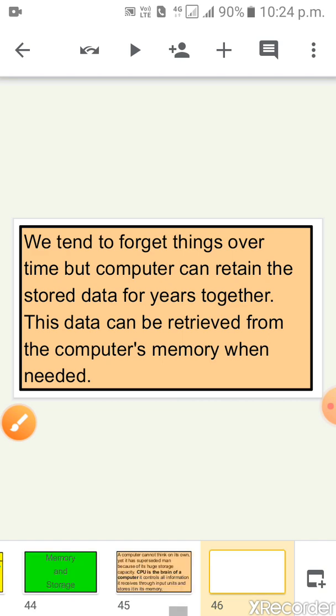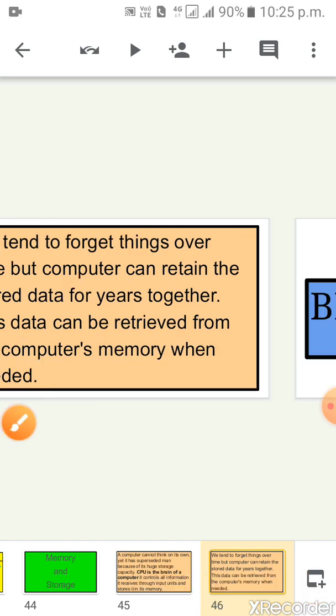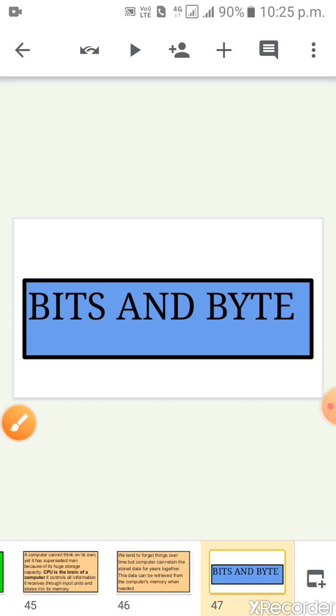Children, we tend to forget things over time, but a computer can retain the stored data for years together. This data can be retrieved from the computer's memory when needed. Children, in computer memory, the data is stored in the form of bits and bytes.